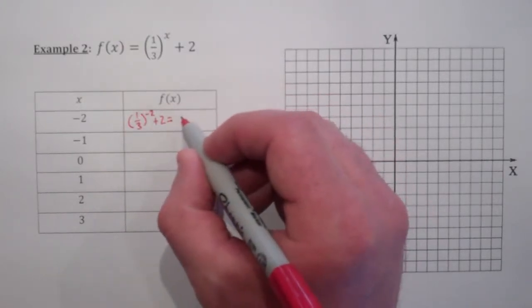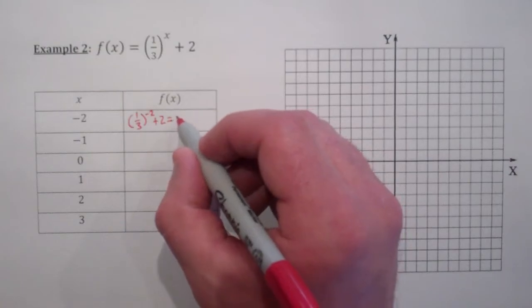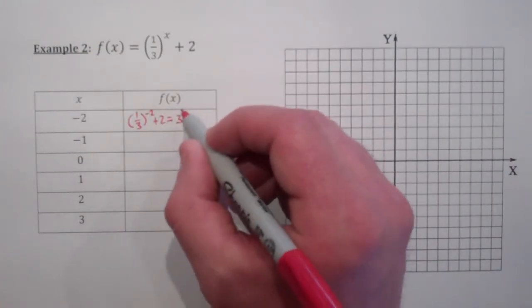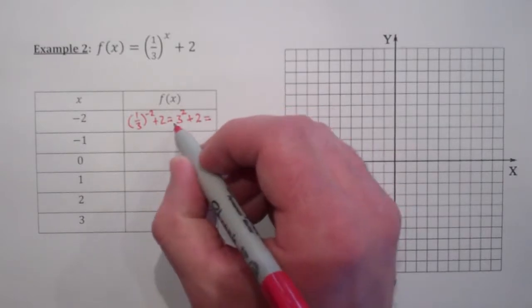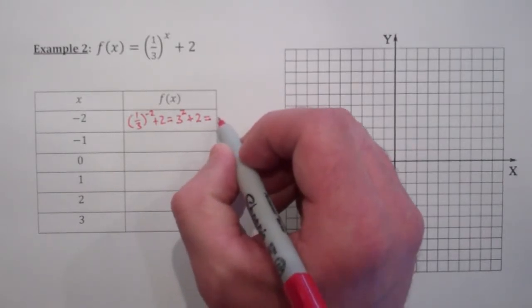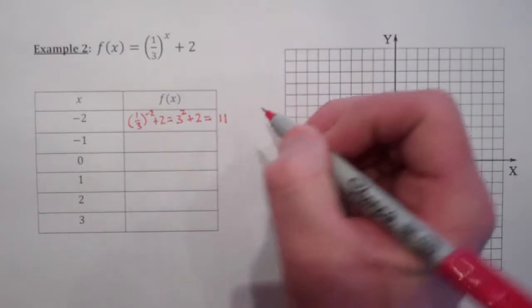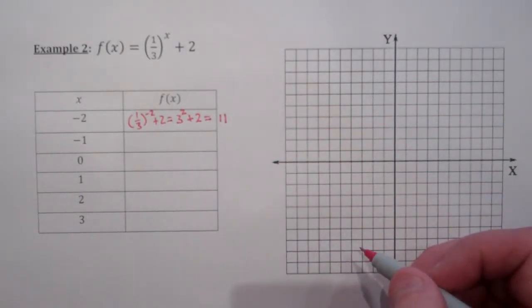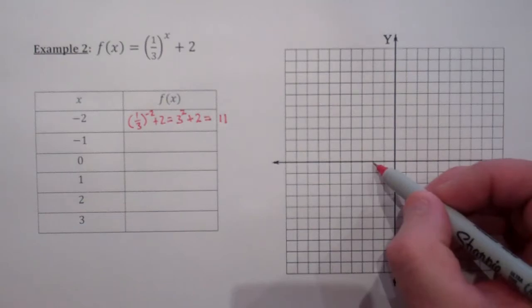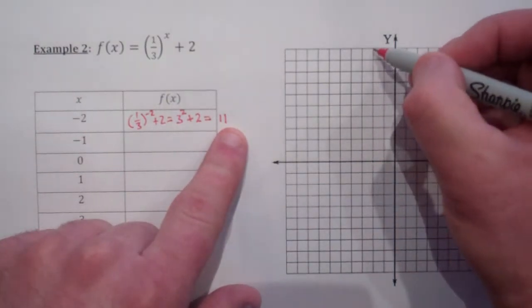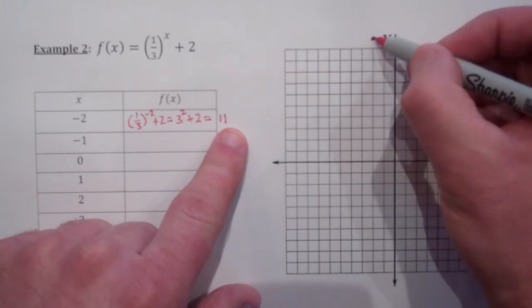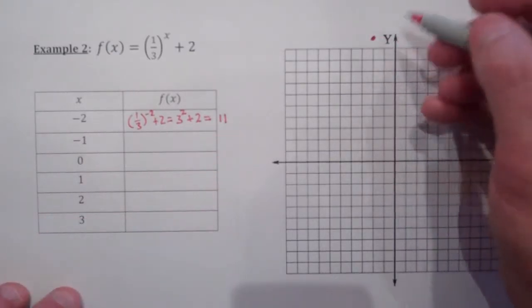So 1/3 flipped, or the reciprocal of 1/3, is 3, and then we're going to raise that to the +2 power, then plus 2. So 3 squared is 9, plus 2 happens to be 11. So we're going to go left 2, that's your x value, up 11. So here's 10, and 11 would be just a little bit off the graph right here.